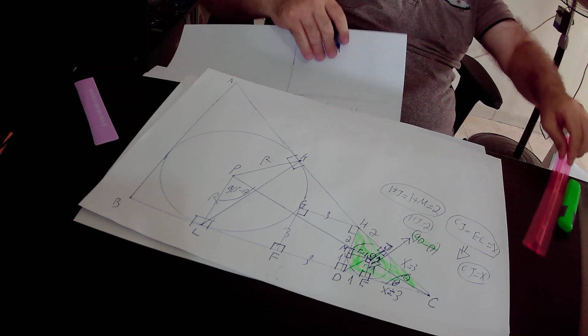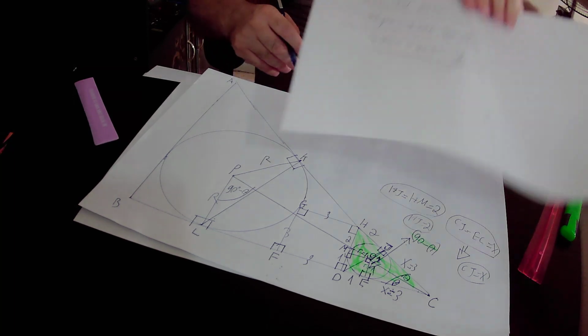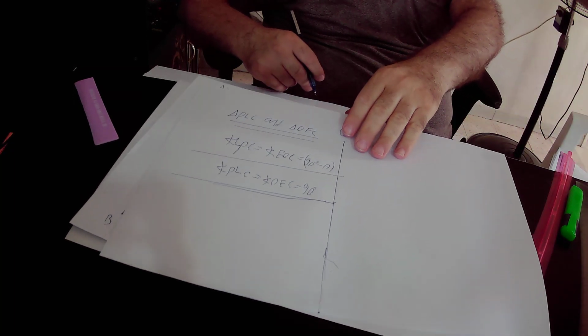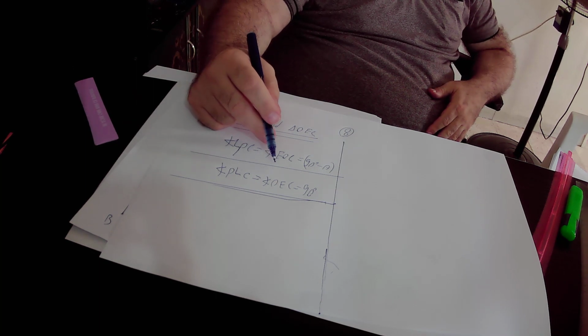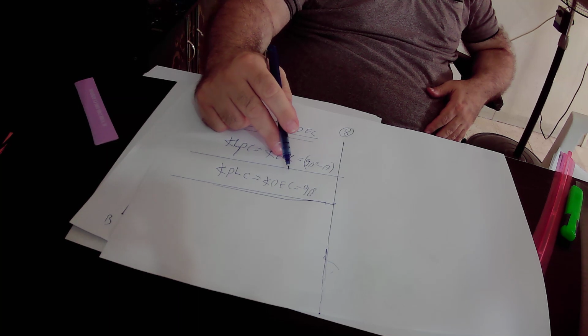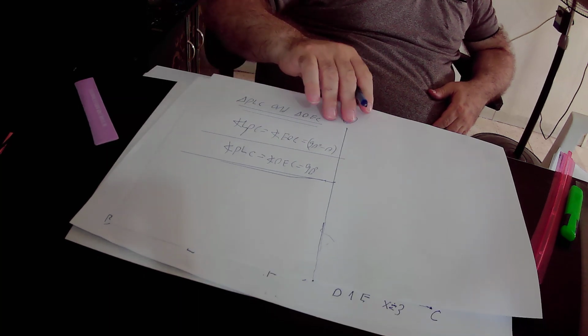Repeat again, angle PLC is equal to angle OEC, they are both equal to 90 degrees, therefore they are equal to each other.